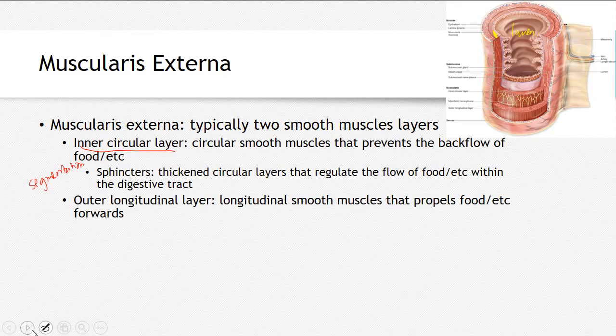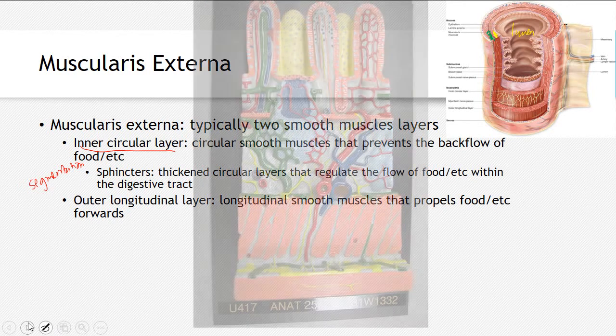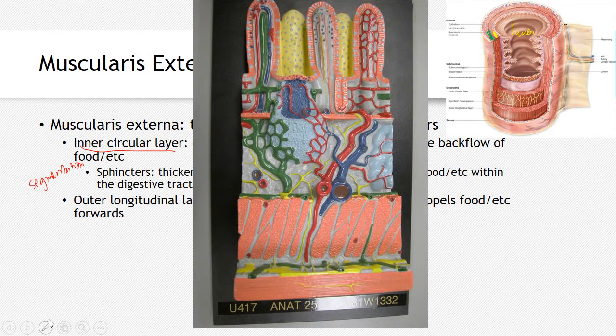The outer longitudinal layer is the next layer here. It is a little bit more superficial, and it is going to be moving the food forwards. So in our toothpaste analogy, the circular layer is the one that squeezes down on the toothpaste, and the longitudinal layer is like pushing it forward so that the toothpaste will come out.